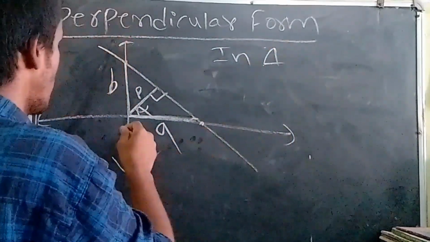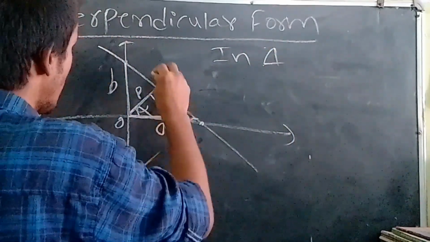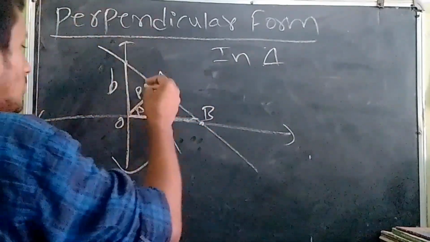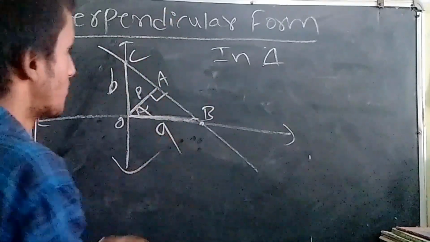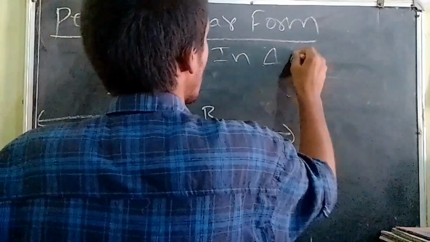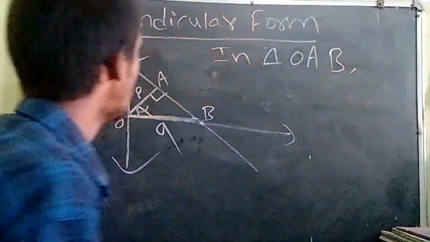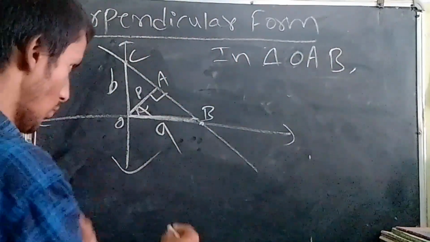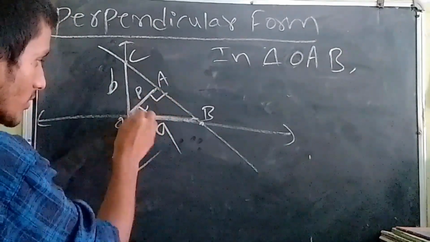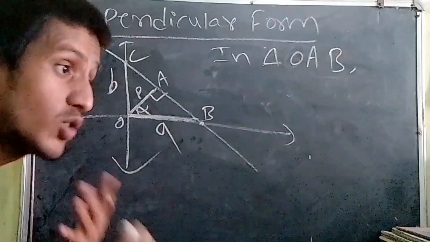Let's name it. Let's say this is O, A, and this is B. Let's say this is C. So in triangle OAB, I want to find the relationship between this and this. So what trig function does that?